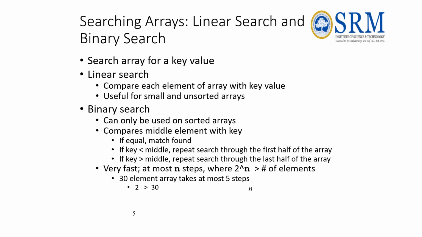Binary search you are going to do only for sorted arrays, whereas in linear search you can do it even for unsorted arrays. It is going to fix a key value, that is a midpoint or a pivot point, and from there it is going to compare the first half of the array. When you take the pivot point or the middle point, either before the pivot point you take a subarray and search for that particular element.